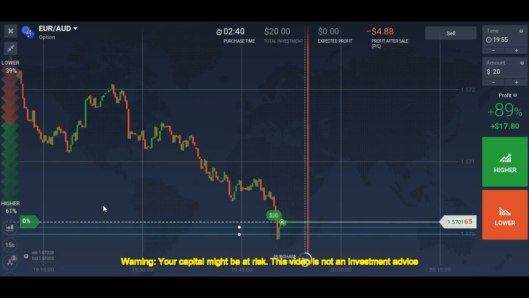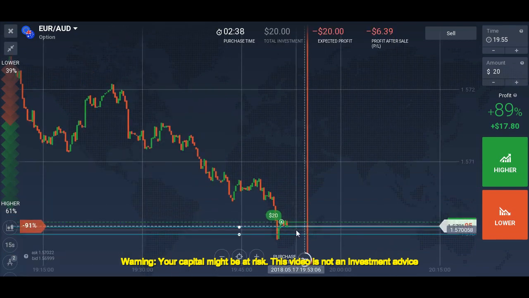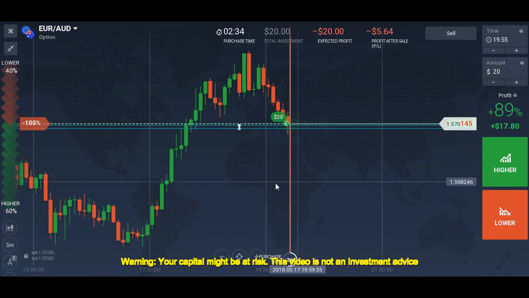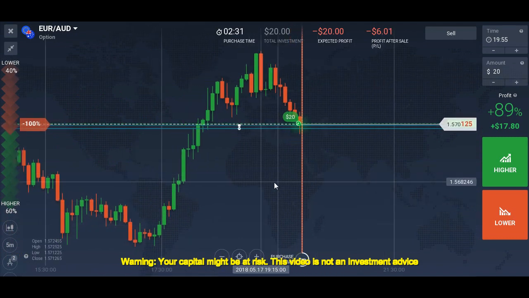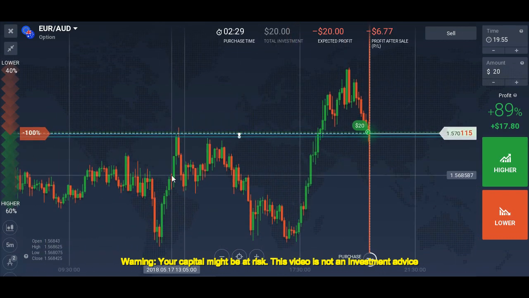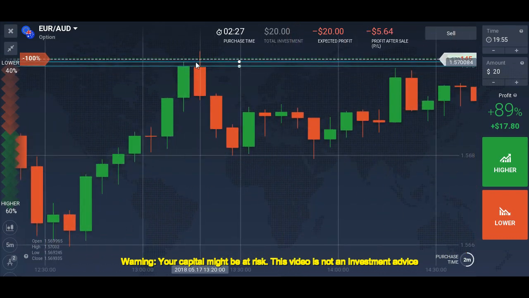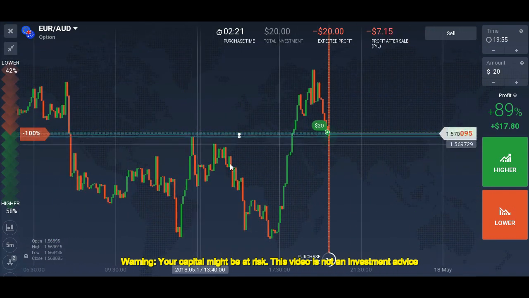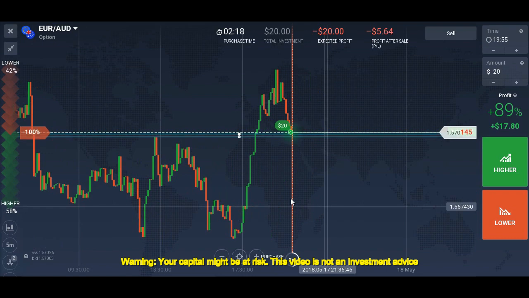Why I placed this trade is simple. The market was in an upward direction, so I was thinking to place a call trade. The second thing I noticed is that this is an extreme level, which is a strong level. Extreme levels are very good when it comes to rejection.